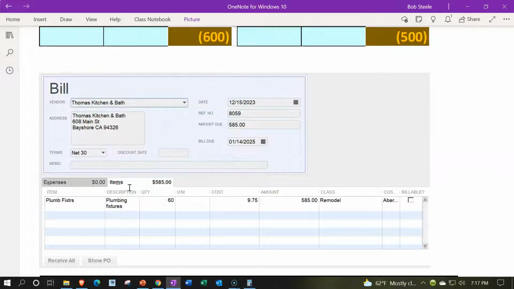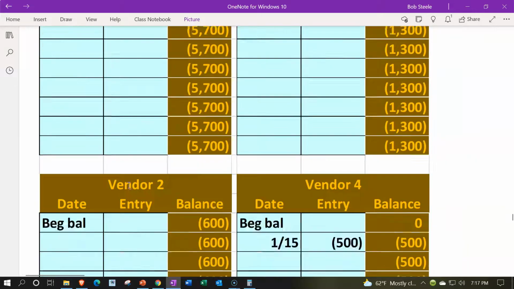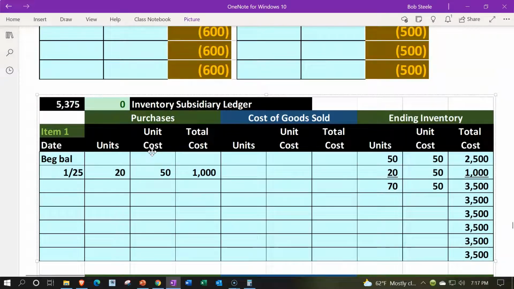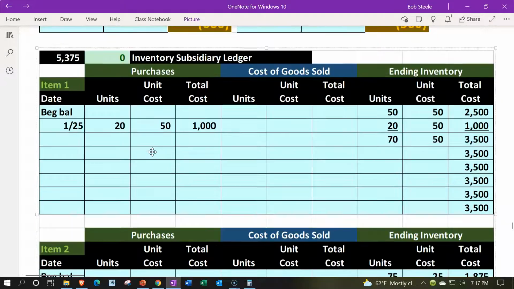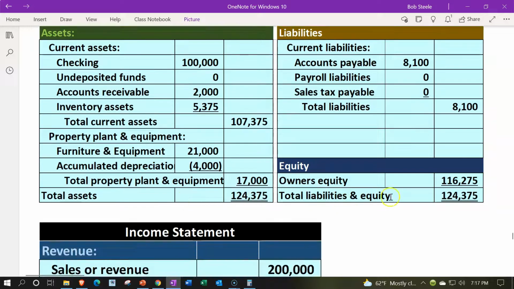And like with the accounts payable, accounting software typically requiring a vendor, when you hit the inventory account, you don't want to post anything directly to the inventory account without assigning an item to it, so that the system can then assign the proper flow assumption and create the subsidiary ledger, which should always tie out, due to it being subsidiary, in total dollar amount to the general ledger. So then if you looked at your balance sheet again, it should all balance out here.